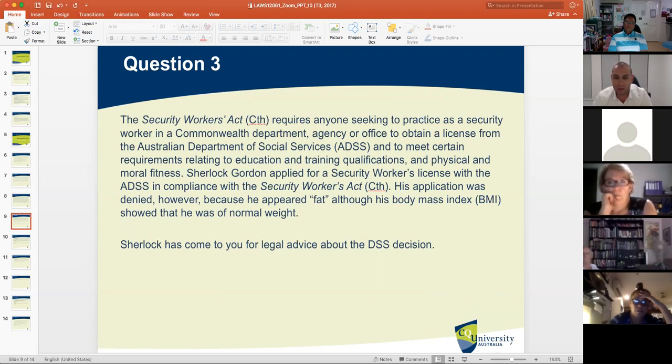Sherlock Gordon applied for a security workers licence with the ADSS in compliance with the Security Workers Act Commonwealth. His application was denied, however, because he appeared fat, although his body mass index, BMI, showed that he was of normal weight. Sherlock has come to you for legal advice about the DSS decision.